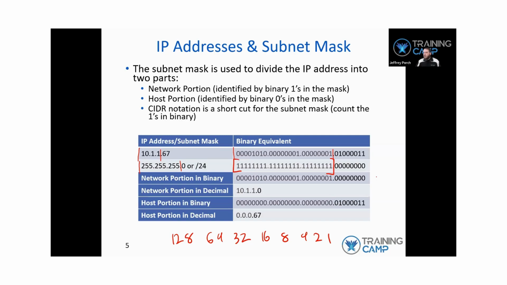Now, when you're looking at IP addressing here, we are going to see options, because if that was the only division, then there wouldn't be much more to talk about.